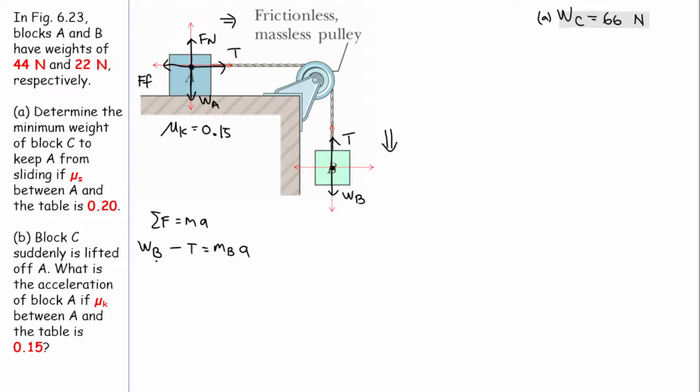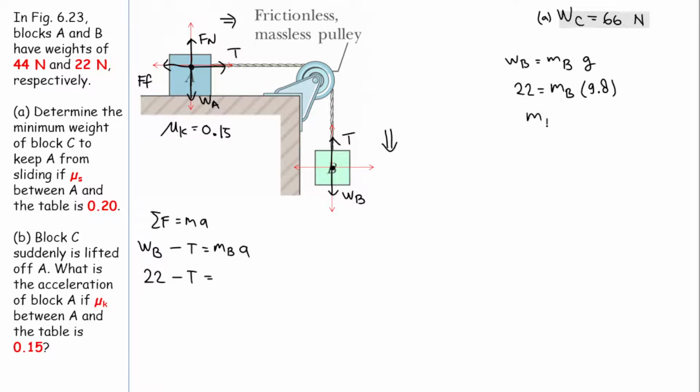The weight of B is 22, so I have 22 minus T. Then what is the mass of B? We need to find out. The weight of B is mass of B multiplied by g, so 22 is equal to mass of B multiplied by 9.8.